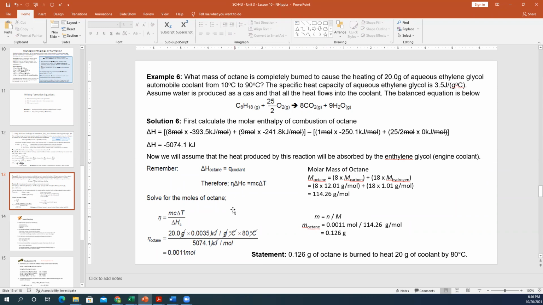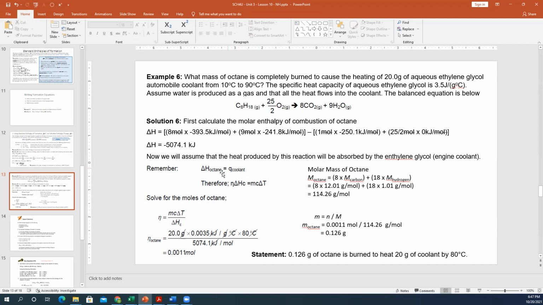So therefore, we solve for how many moles of octane we have. We know through this relationship that we can find out how many moles of octane we have. This is just a reverse of this equation.